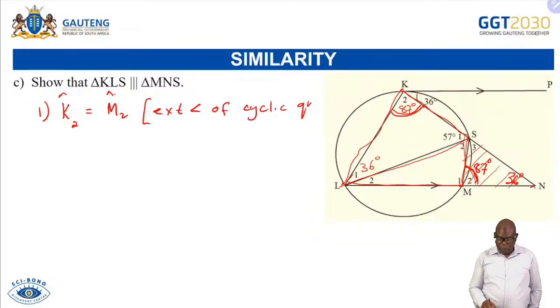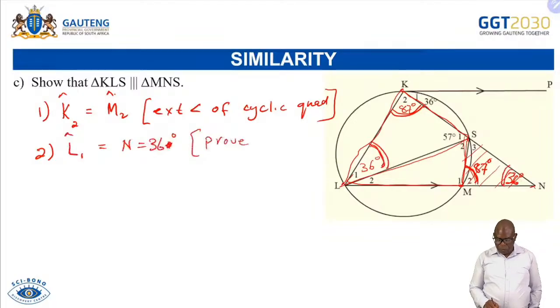Okay, right? Second thing, angle L1 in this triangle equals angle N. We have already proved that angle L1 equals angle N. They are both equal to 36 degrees. Not 360, but 36 degrees. And I can just say this one is proved, because I've already got that one.